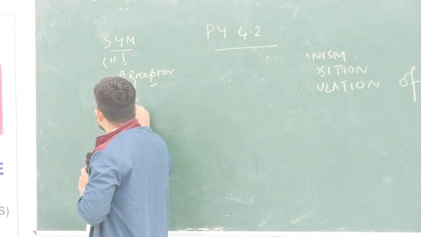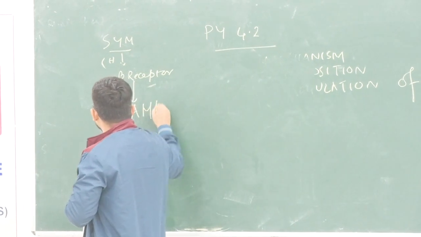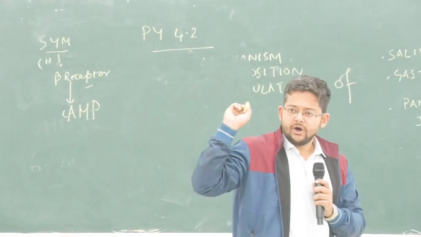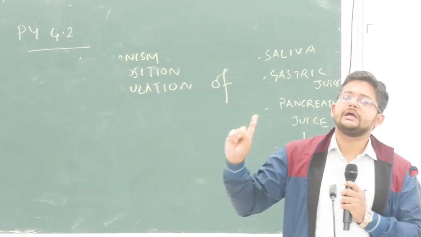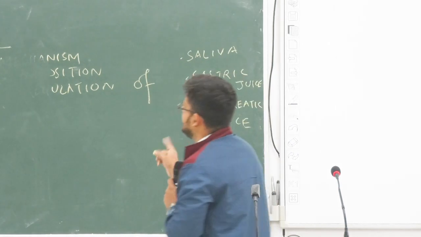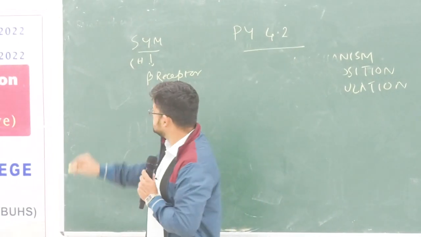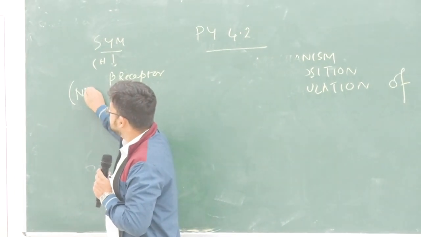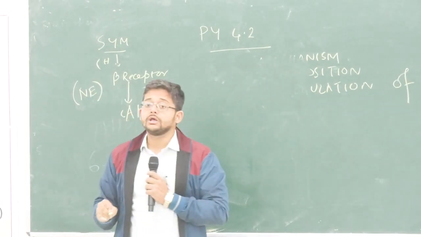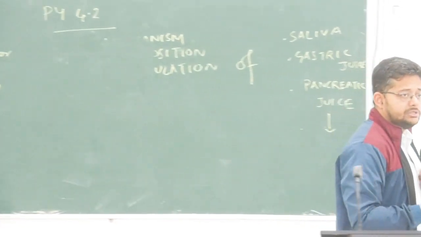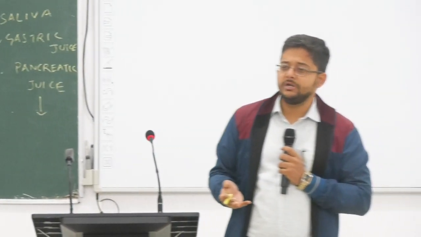This acts on the second messenger system, adenylyl cyclase, and ultimately they synthesize cyclic AMP. Who is the neurotransmitter over here? The neurotransmitter is norepinephrine, which is a catecholamine. There are three catecholamines: epinephrine, norepinephrine, dopamine.